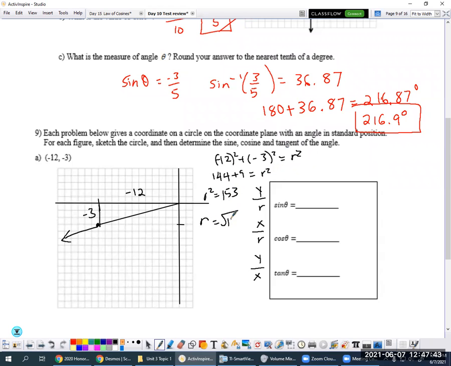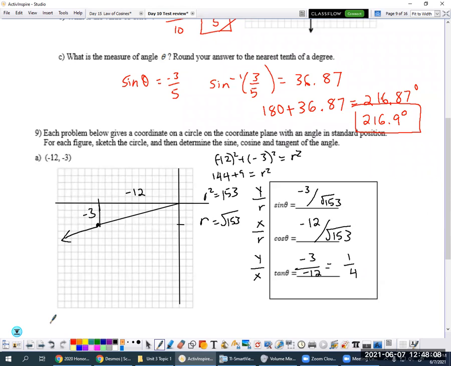R is the square root of 153. So here we go. Sine of theta, y over r. Cosine of theta, x over r. Tangent of theta, y over x, and this I can reduce, so make sure you make it 1/4. Ta-da.